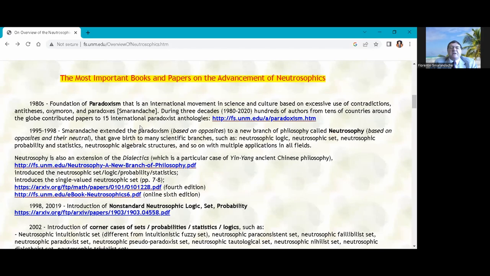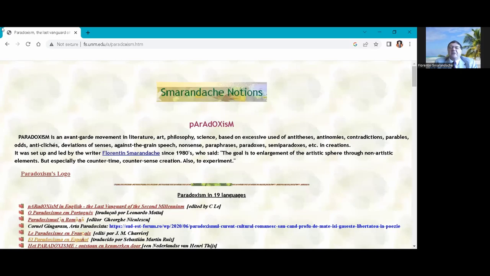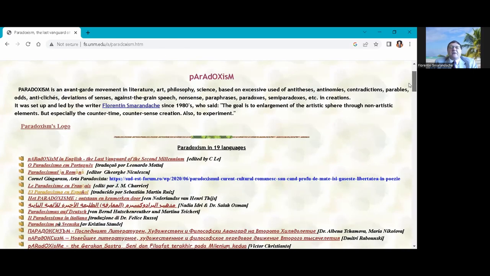And I tried to use them in literature, developing the paradoxist movement in literature, where an excessive use of contradictions, antitheses, oxymoron, and paradoxes gave birth to a movement called paradoxism, which developed around the world. And you see much information about paradoxism on this website.